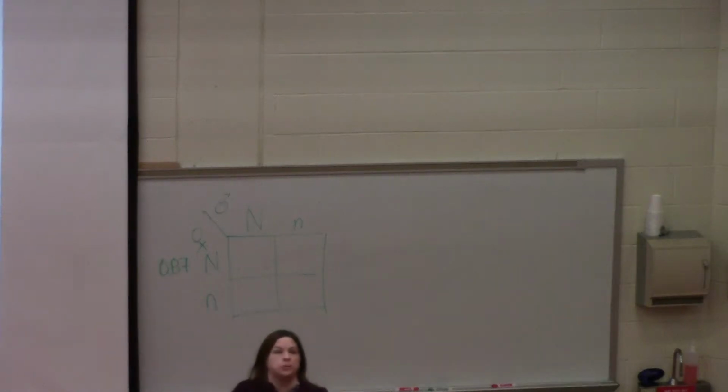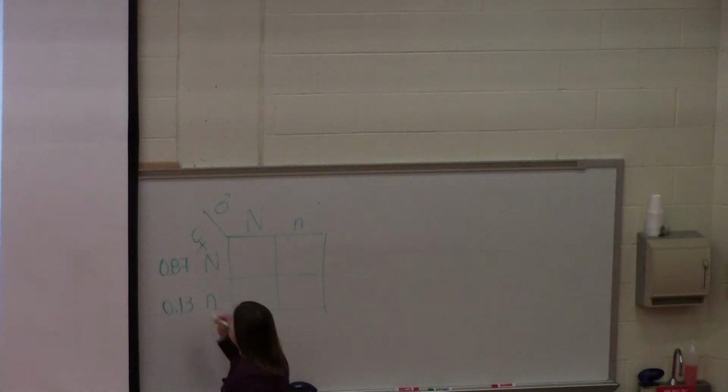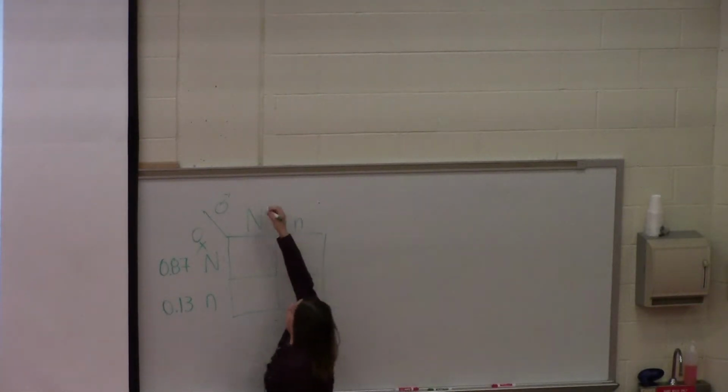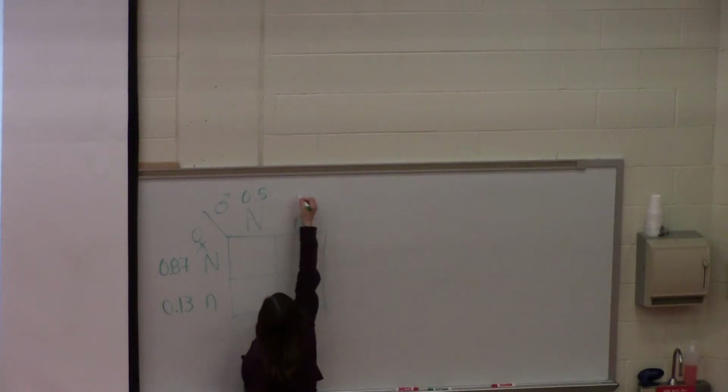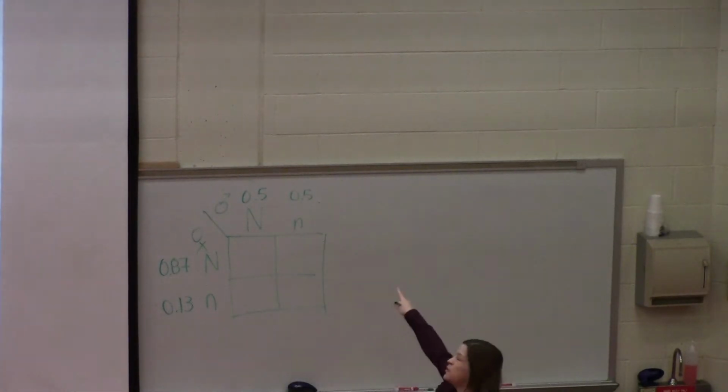So I said they're just random, and that's the frequency of that allele in the population. Then the frequency of little n is 0.13. What about in this case now? What do I put here? 0.5, awesome. So if that's 0.5, that has to be 0.5, because that's a single dog.